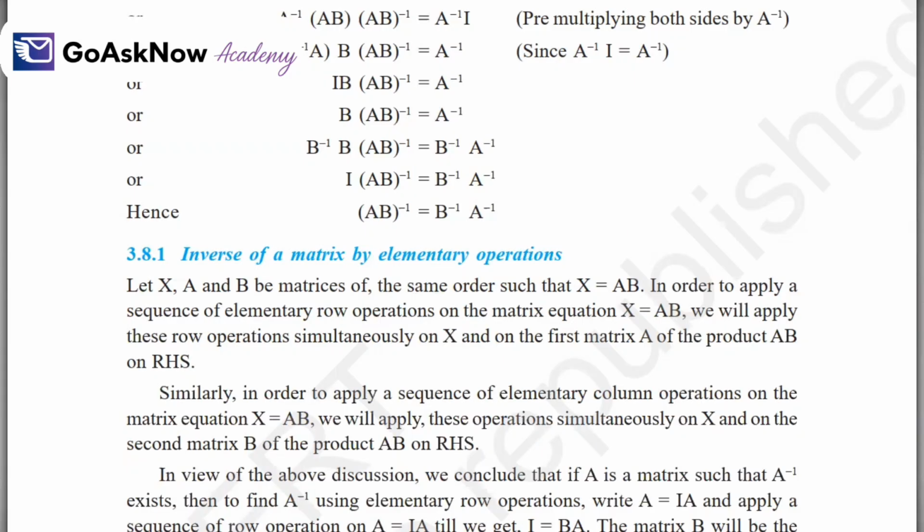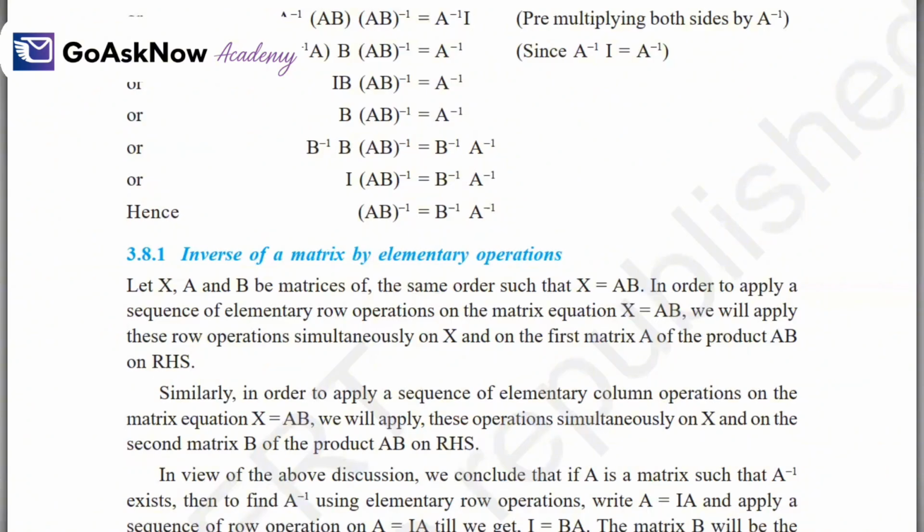So if X is the product of any two matrices, that is AB, in order to apply a sequence of elementary row operations on the matrix equation X is equal to AB, we will apply these row operations simultaneously on X and on the first matrix A of the product AB on the RHS.